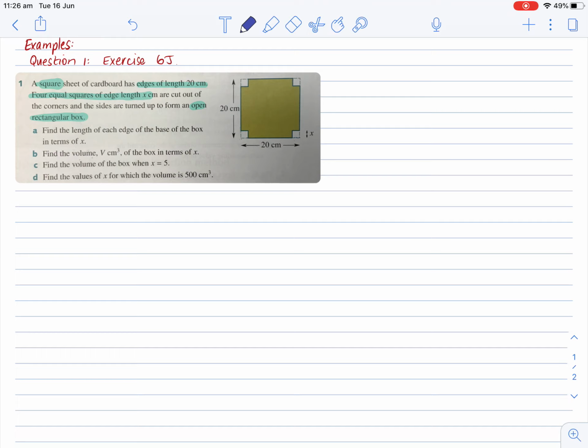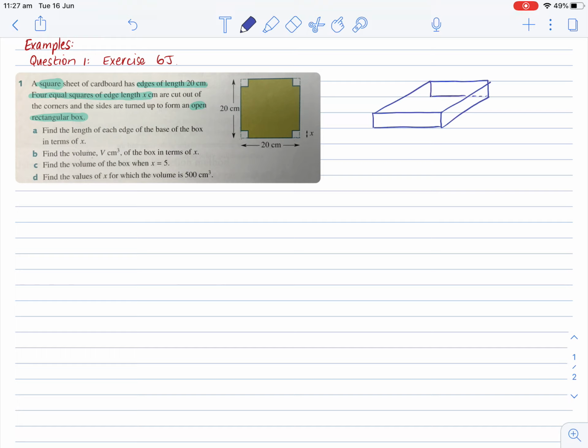I've got a diagram in the picture here, but it's two-dimensional, and it's talking about a rectangular box, which is a three-dimensional shape. So to help me visualize, I want to draw a rectangular box, and I'm going to make it three-dimensional. So here's my box.